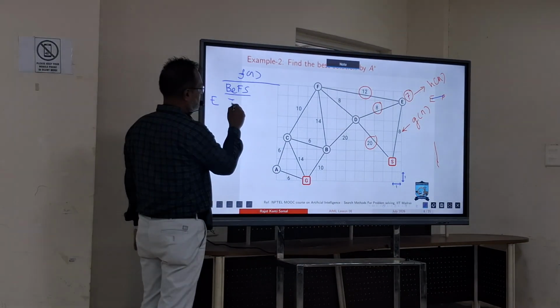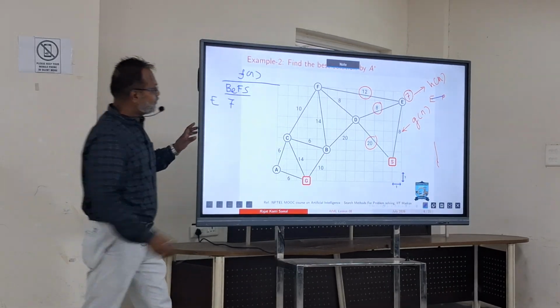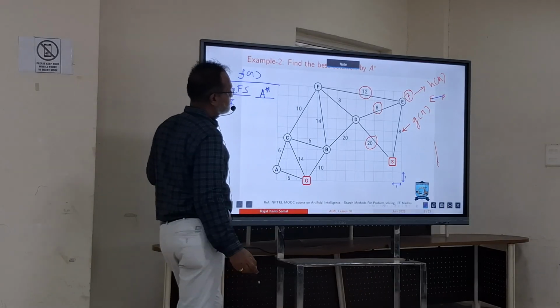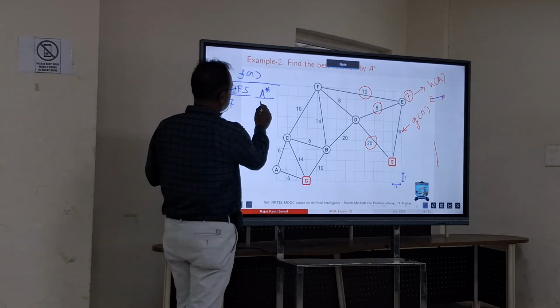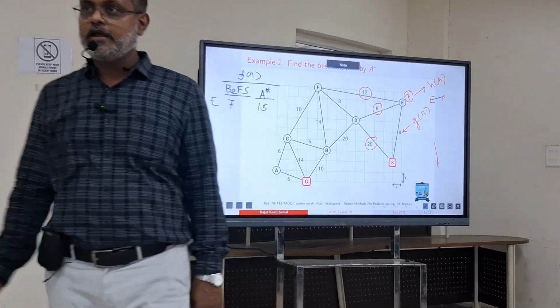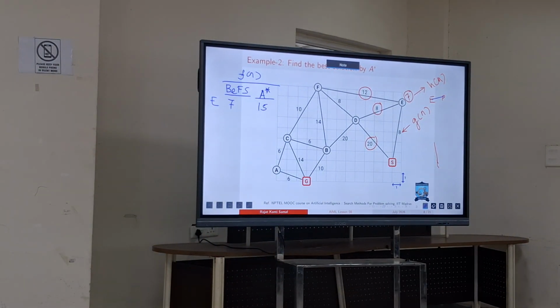It is 7. Whereas for A star, the value is 7 plus 8, 15. So for A star, the cost is Fn plus Gn, whereas for best first search only the node cost, the heuristic cost, will be there.